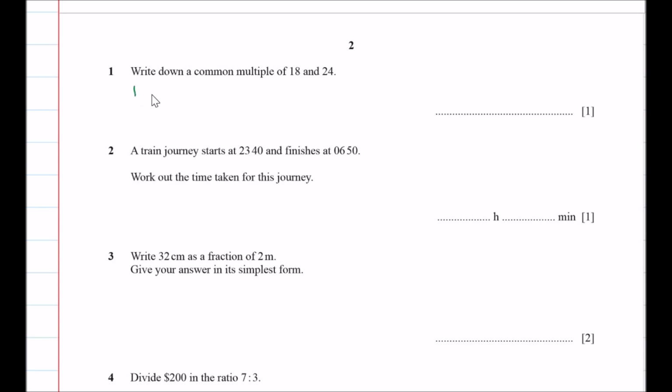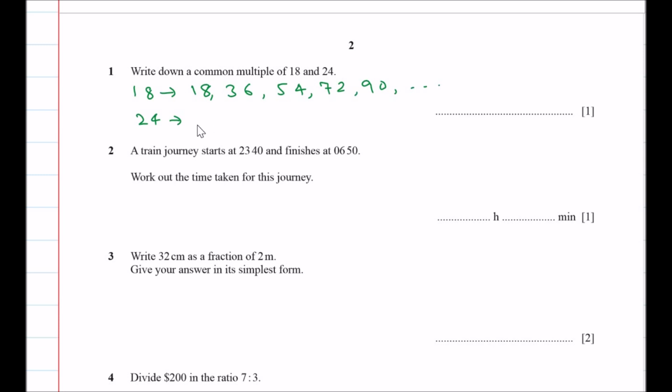Okay. So if you are writing for 18, we get 18, 36, 54, 72, 90 and so on. Let's write for 24.